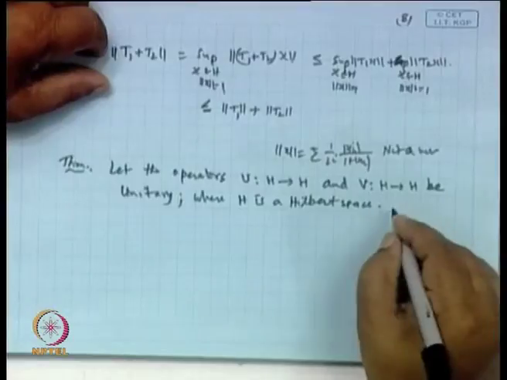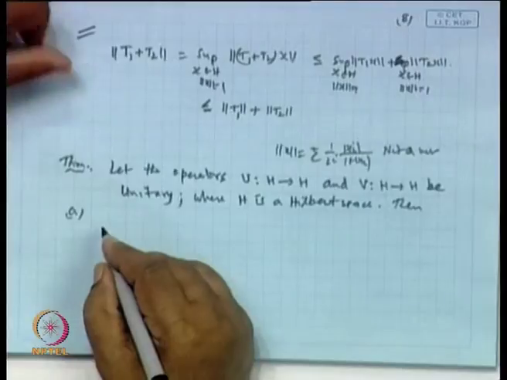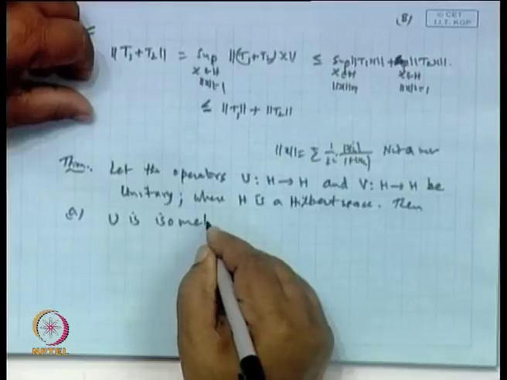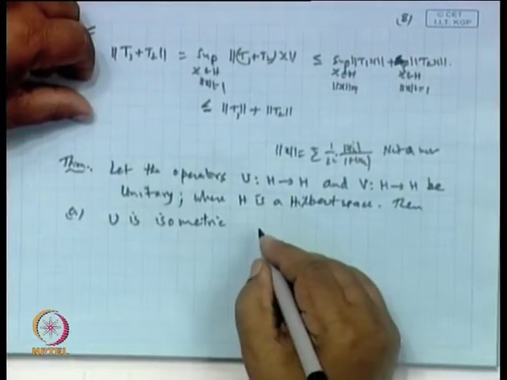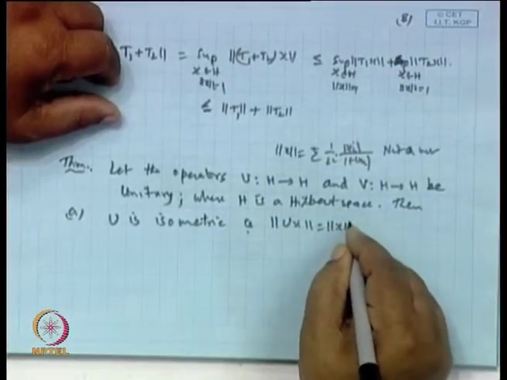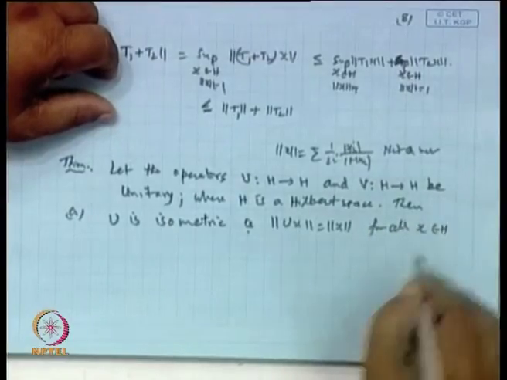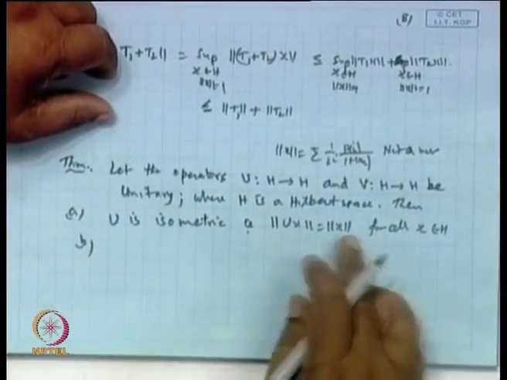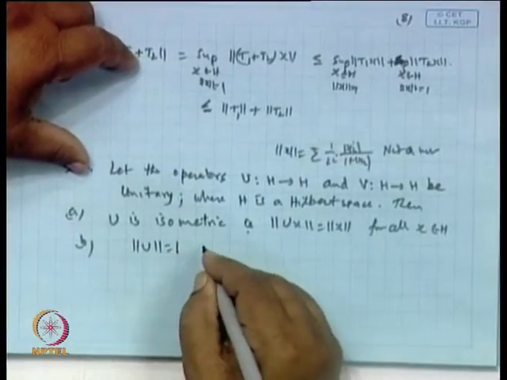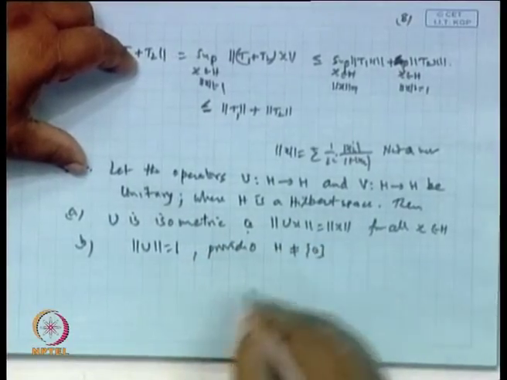Then the following properties hold. U is isometric, that is, norm of Ux equals norm of x for all x belonging to H. V is isometric too, they have the same norms. And norm of U equals 1, provided H is not equal to the null vector space.